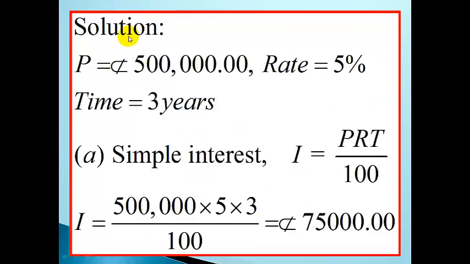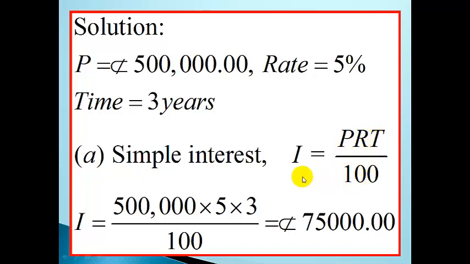Now, solution. From the question, our principal, that is the amount invested, is equal to 500,000 cedis. The interest rate is equal to 5%, and the time is 3 years. So A, simple interest I is equal to PRT divided by 100, where P is the principal, R is the rate, and T is the time.